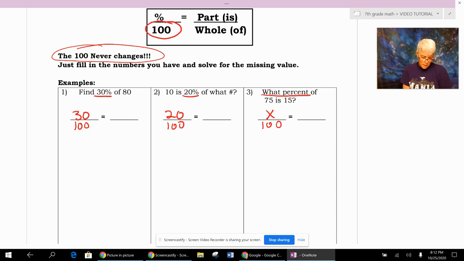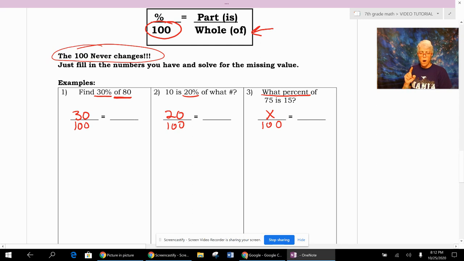Now, find 30% of 80. So the question is, is the 80 the part or is the 80 the whole? There's not a whole lot of information in these three examples, and when we start working these out, there'll be a lot more information most of the time. But when you see of, if you look up here, of is a whole.